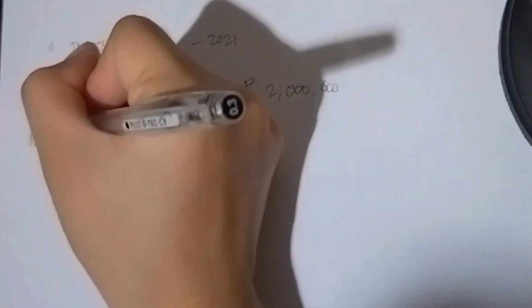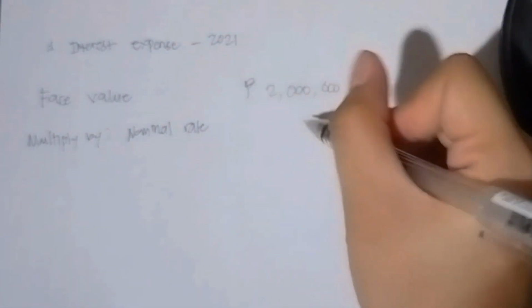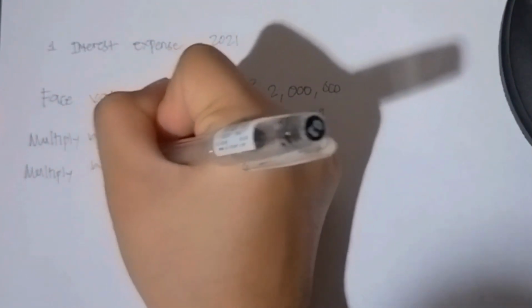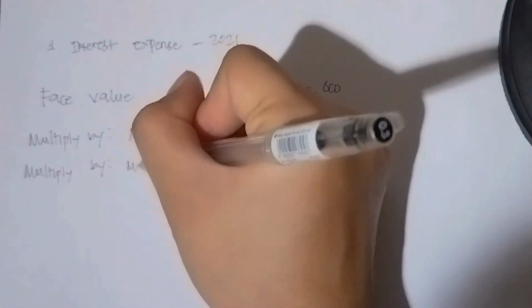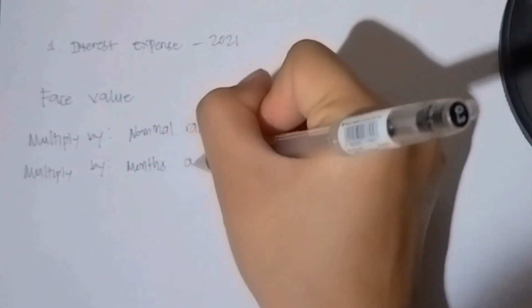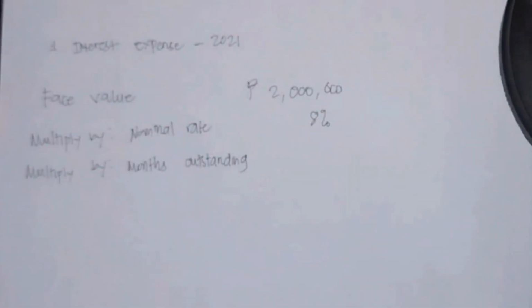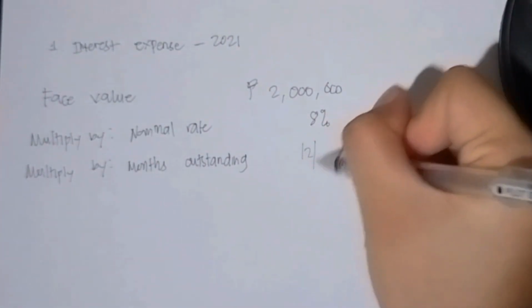We multiply it by the nominal rate, which is 8%, and we multiply by the months outstanding from January to December, 12 over 12.